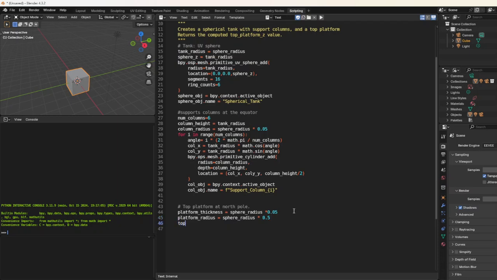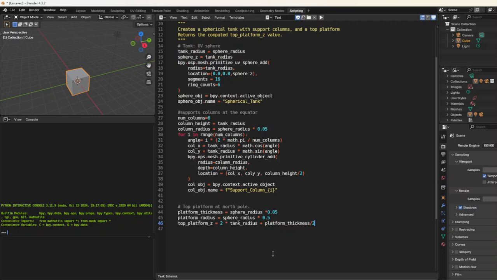Then top platform z is equal to 2 times tank radius plus platform thickness, but half of that. So platform thickness is just 0.05 of the sphere radius. Platform radius is half of the sphere radius.